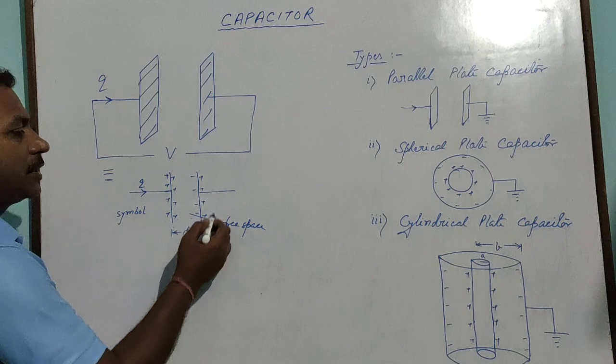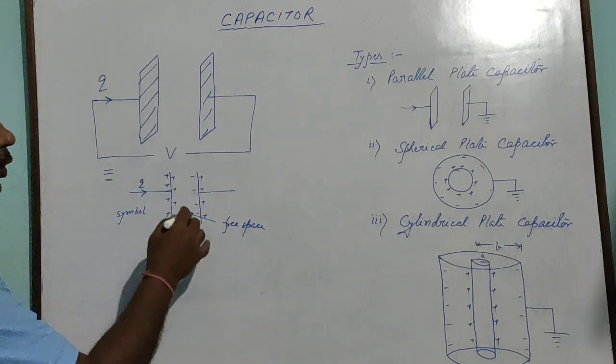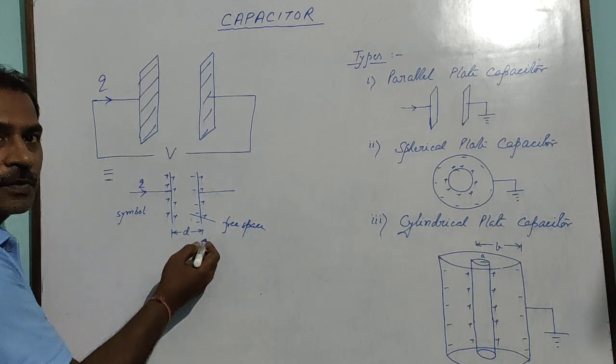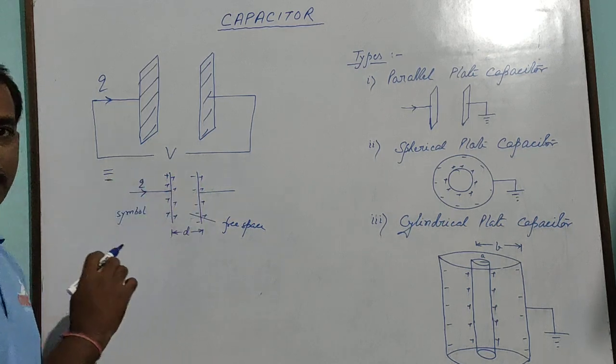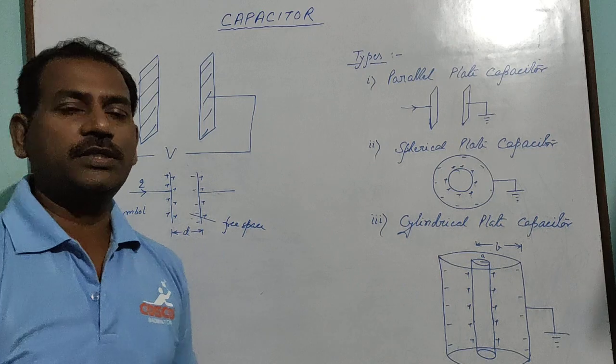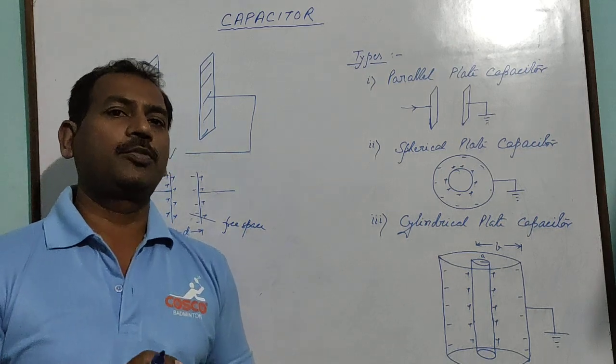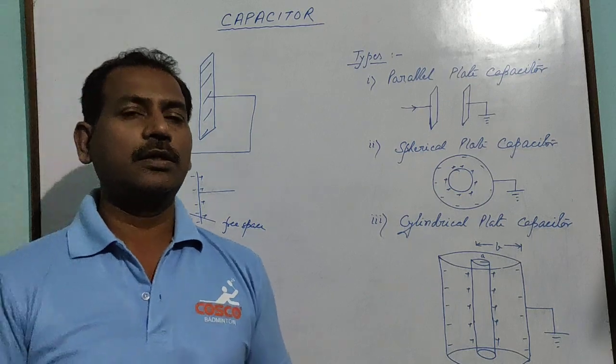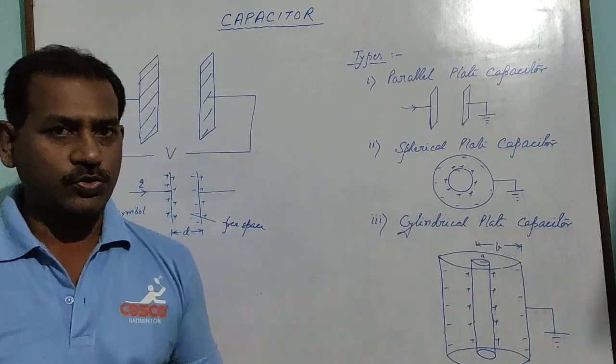These charges are basically coming from its own. This is an uncharged conductor. Uncharged does not mean there is no charge, rather equal amounts of positive and negative charges are there. That's why it is showing neutral.